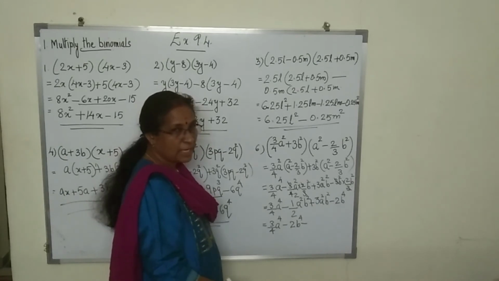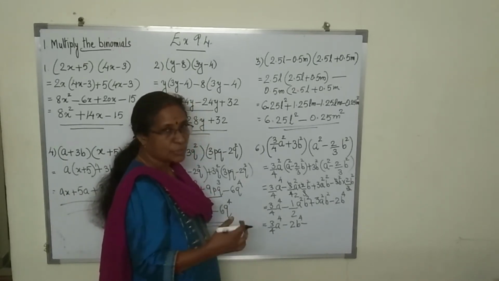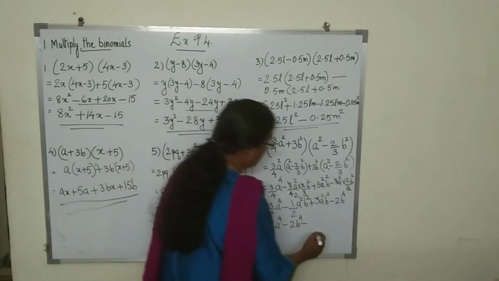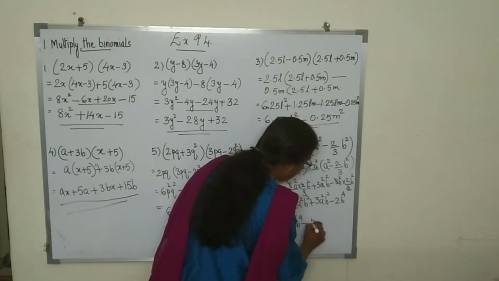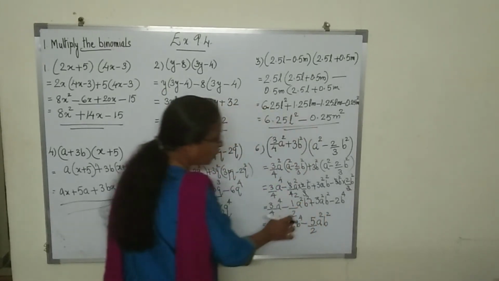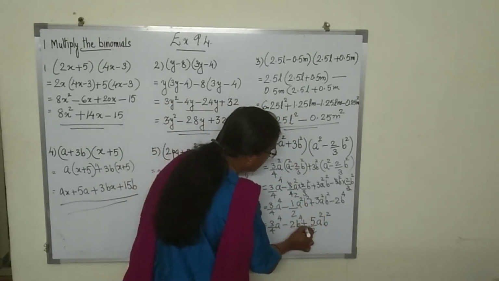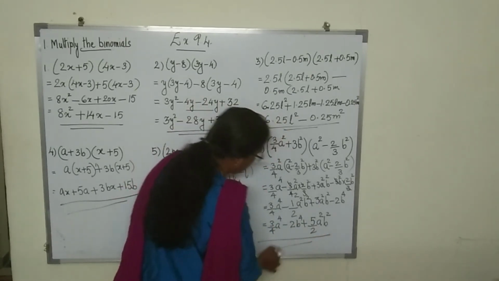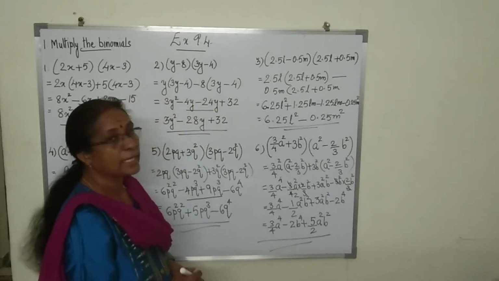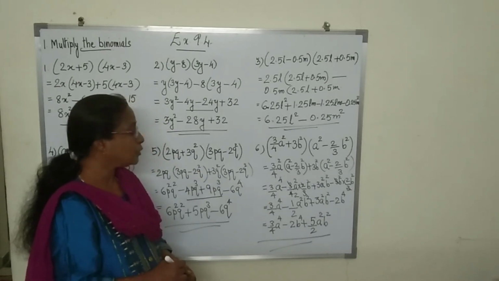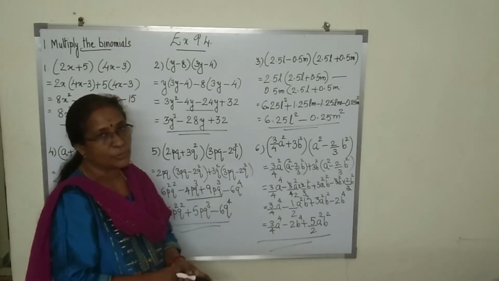What is 3 minus half? Either you can find it using LCM or simple calculation. 3 minus half is 2 and half, so 2 and half is 5 upon 2 a square b square. Here the sign of the greater number is plus, so here it will become plus. So your answer is 3 upon 4 a raised to 4 minus 2b raised to 4 plus 5 upon 2 a square b square.